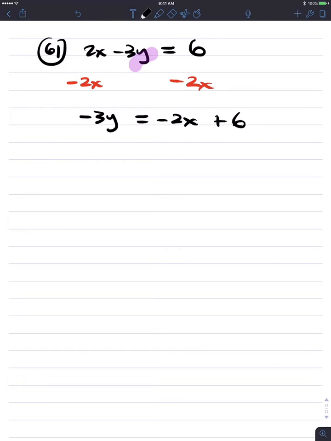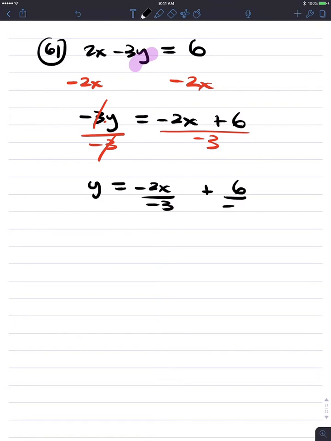If we notice, the negative 3 is being multiplied to y, so I undo that multiplication by dividing both sides by my negative 3. You undo multiplication by division. You obtain y equal to negative 2x over negative 3 plus 6 over negative 3.